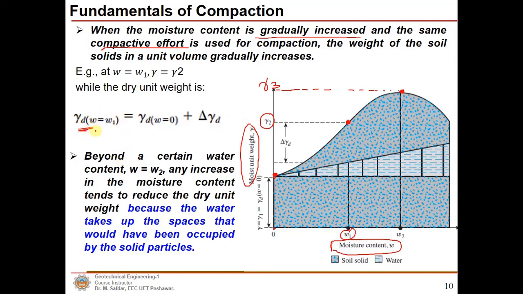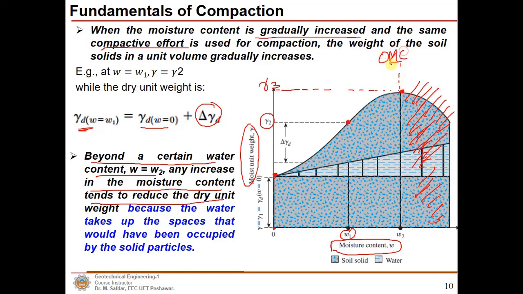So gamma d will be equal to gamma d plus any change in the dry unit weight, or in other words we can say beyond a certain water content, W is equal to W2, any increase in the moisture content tends to reduce the dry unit weight. We are talking about the right side of the optimum moisture content, which I am going to explain in coming slides.